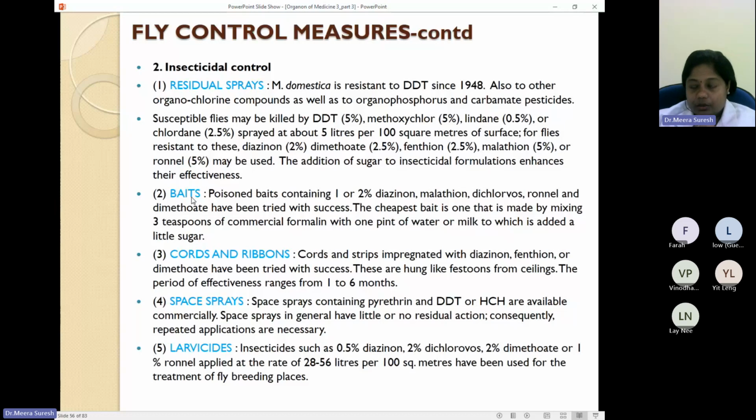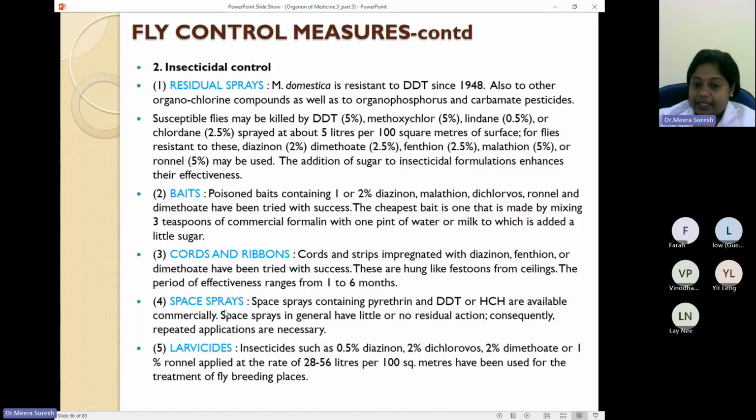I don't exactly remember how it is prepared, but baits can be used. Then cords and ribbons, which are strips impregnated with certain chemicals, can be used. These are hung like festoons from the ceilings, and the period of effectiveness ranges from 1 to 6 months.